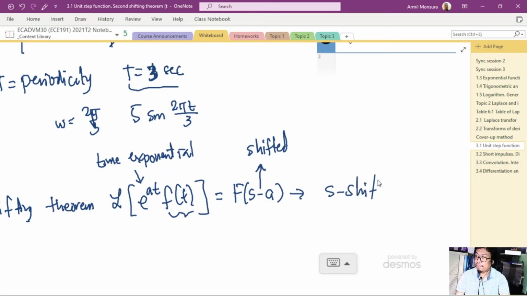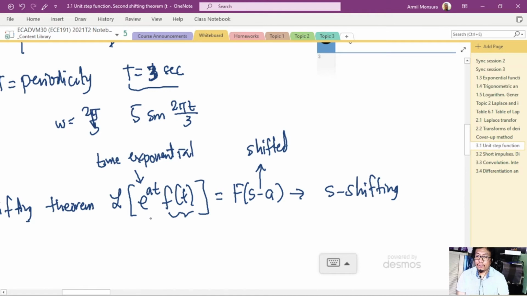And under what condition does this shifting happen? When, in the time domain, you multiply your time domain function with a time exponential.